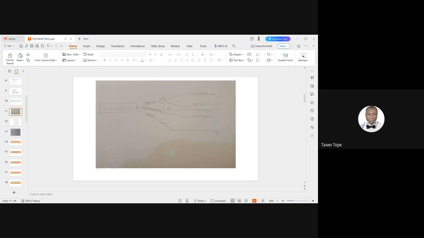For you to make a decision by looking at the table will not be ideal. But in a decision tree, they will want you to solve forward, then you solve backward.